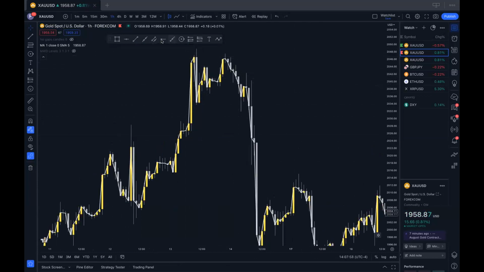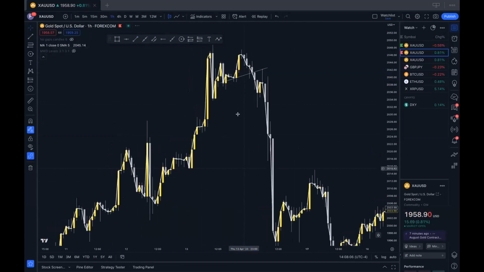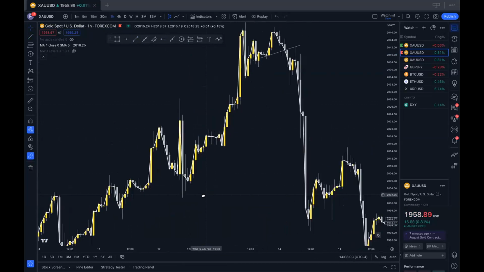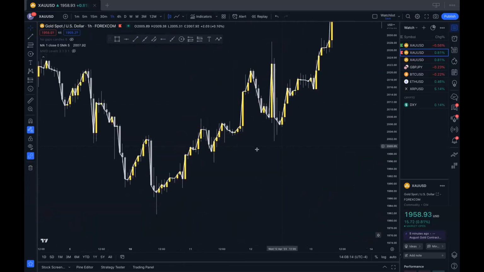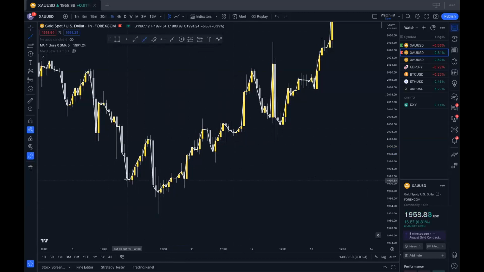Gaps. This is TL type 2. This is nothing crazy. This is a breakout, TL type 6. This support resistance.